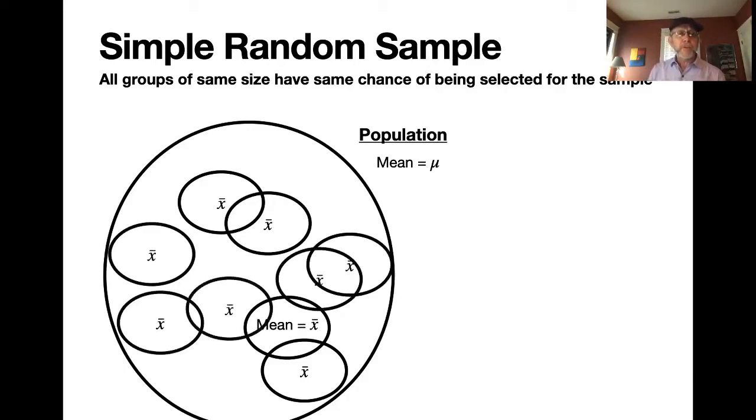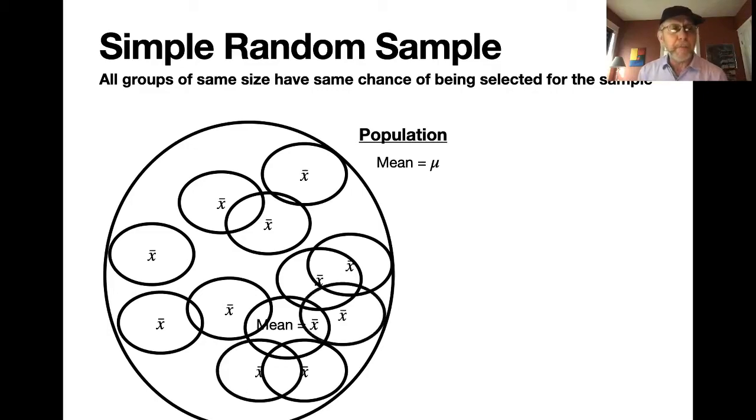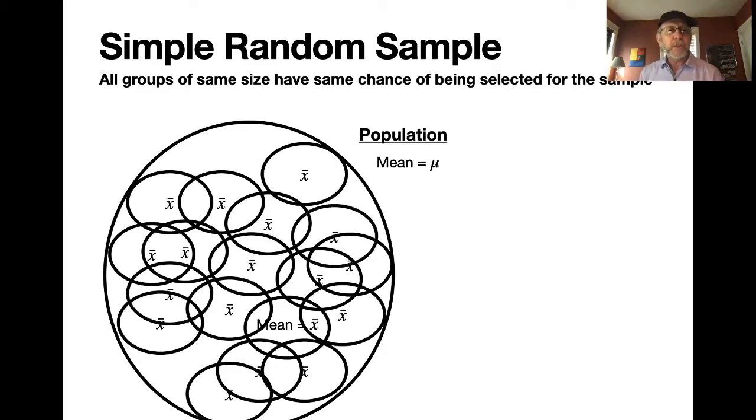In fact, there's just oodles and oodles of possible samples and possible X bar values that come with them. And if we wanted to figure out how much we trust our X bar value, we need to know where it sits in sort of the spectrum of all possible X bar values.